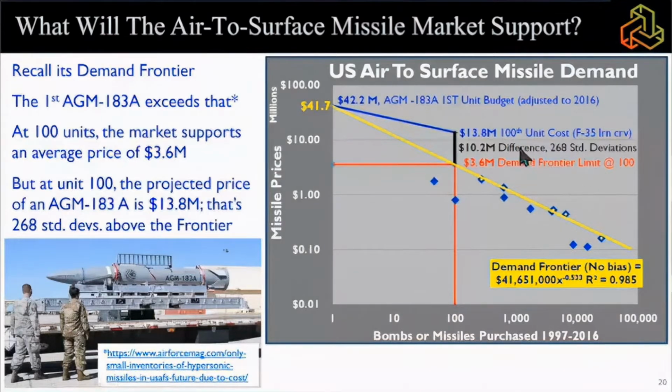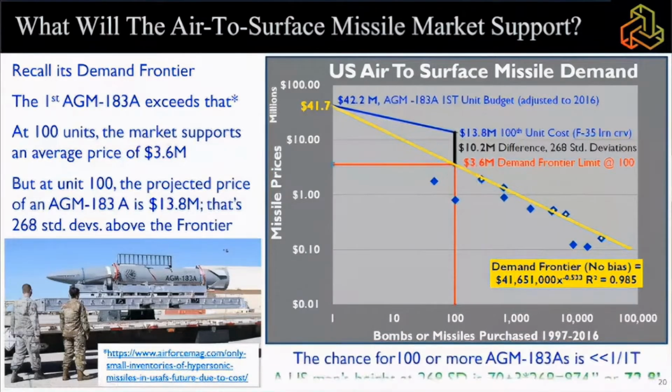And by my calculation, this point is 268 standard deviations over this point right here, which means that the chance of the government getting 100 or more AGM-183s is very much less than 1 in a trillion. It'd be much like seeing the next person walking through your door would be a man that would have a height of 72.8 feet. It's not going to happen. And we need to know that when we start to push ideas forward, that for certain things there's not enough money in the world to support it.